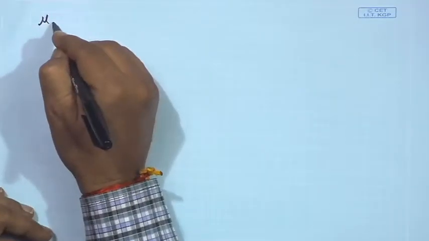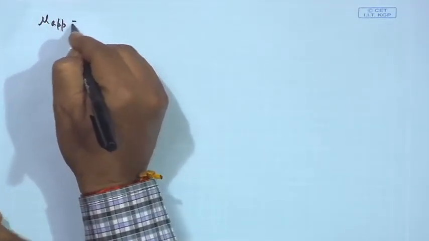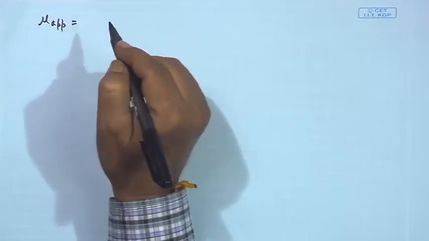So if it is 1.99 meter per second, then we can write mu apparent, right? So how much is mu apparent?